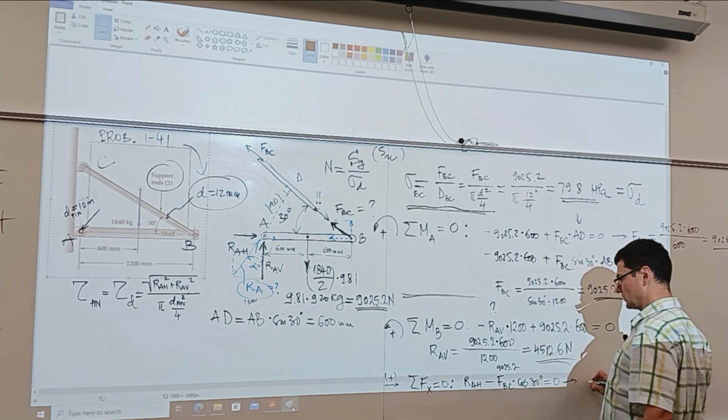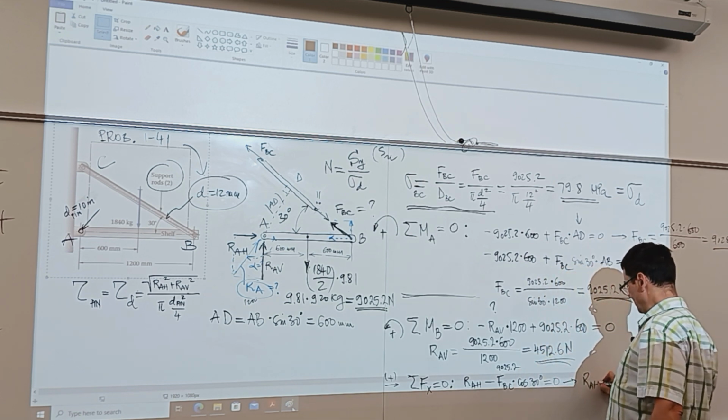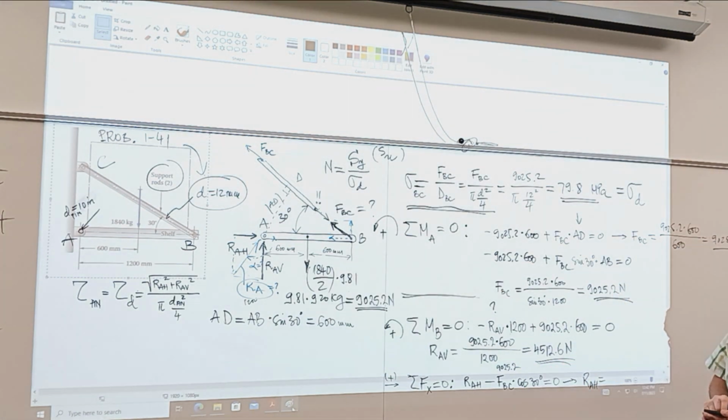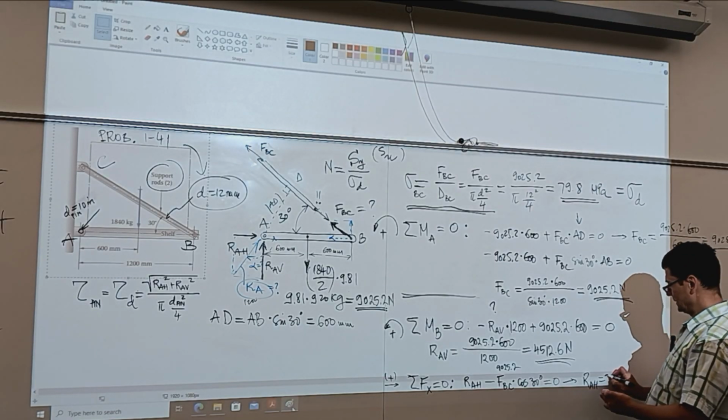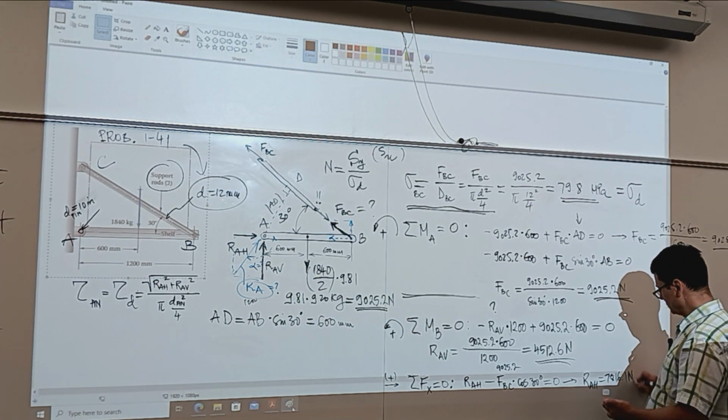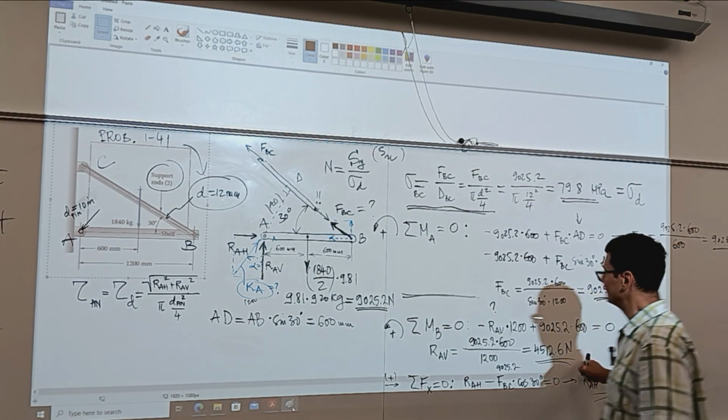So we can solve for RAH: 9025.2 times cosine 30 equals 7816.1 newtons. Okay, so we have the two.